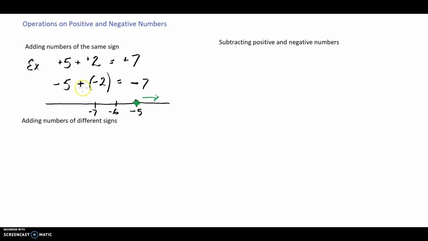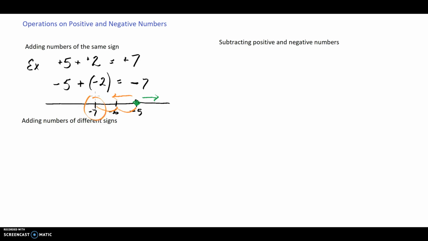But we are adding a negative, so we should go the other direction. We begin at negative 5 and add negative 2, 1, 2, and we end up at negative 7.